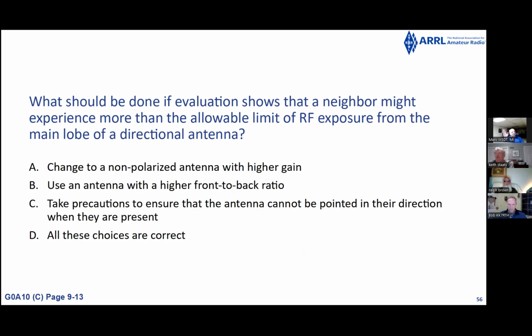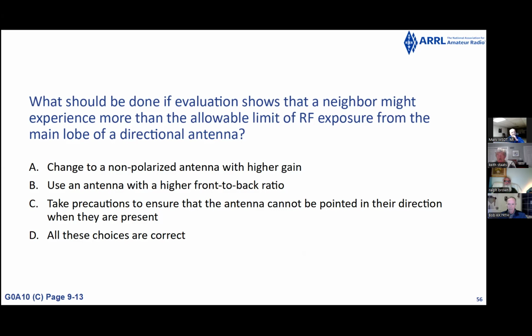If you've got a directional antenna, what kind of antenna is it going to be? It's going to be a beam antenna. And how are you going to use a beam antenna? You're going to put it on a tower, so it's going to be up in the air someplace.